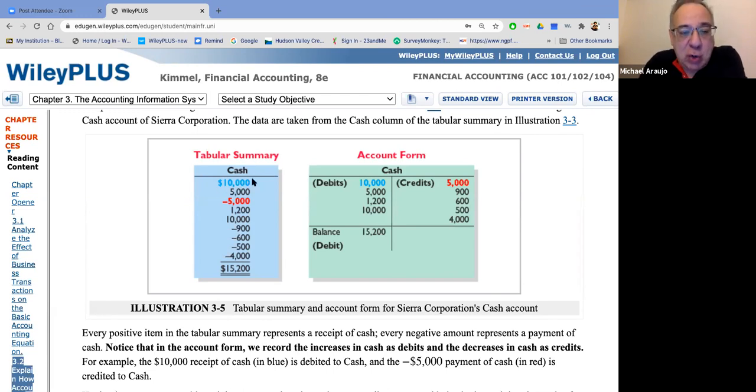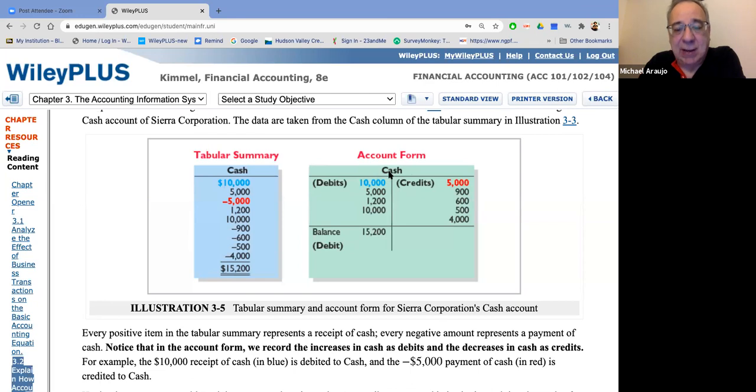Well, we showed it in our analysis of saying, okay, cash is affected and it's affected by $10,000. We have $10,000 more. Well, how bookkeepers and accountants would talk about that transaction is say, well, we have a debit to cash for $10,000, because the debit side of the cash account is the side in which it increases.